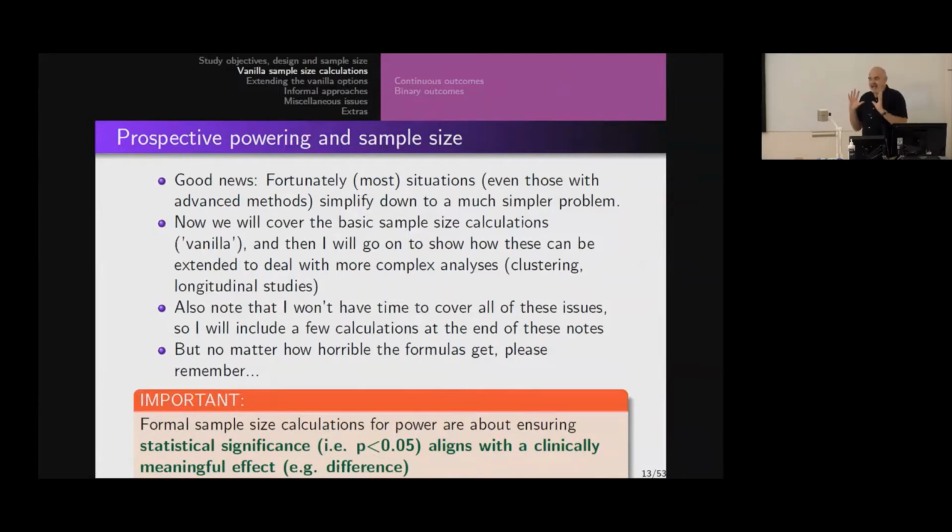It's for calibration of our statistical analysis to scientific reality, okay? That's your one take-home message from this. The rest you can forget about and then just come back to the lecture notes when you need to calculate it, okay? Sample size calculation is about aligning statistics and science together. All right, I should say statistical tests and science together.